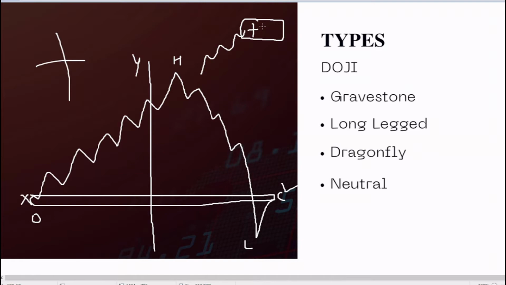So there is a very high chance that the price may reverse from there or move sideways, and after that there is either a breakout or a breakdown from that particular level. This is the reason we call doji a neutral candle, because we are not sure whether the price will move higher or lower from that level.